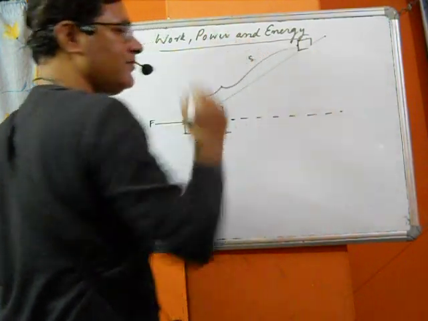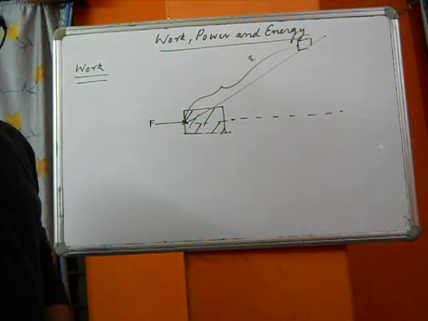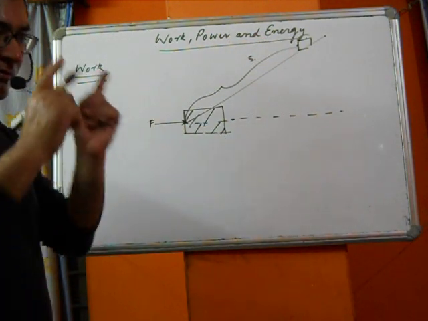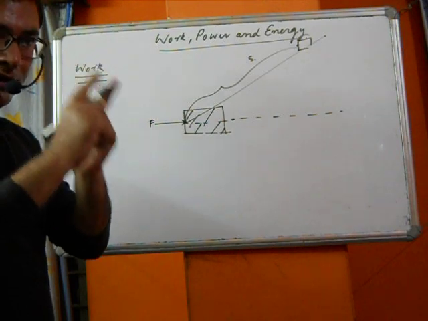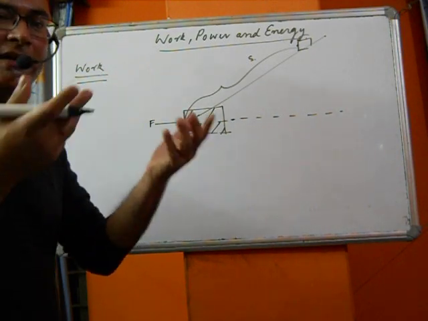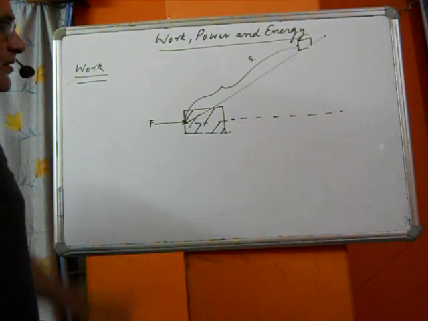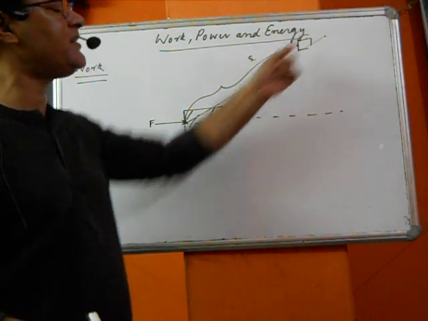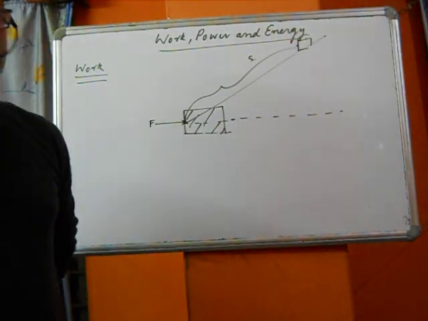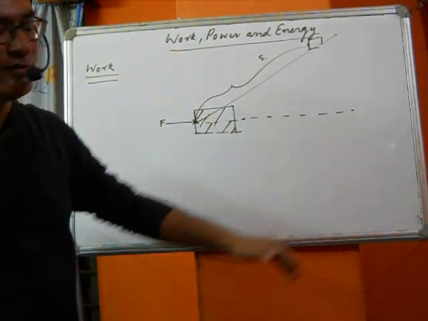I need to find the displacement towards the direction of force. Work done equals F into S. That means the force and the displacement have to be in the same direction. But here the displacement is in some other direction. Force is in this direction, displacement is in some other direction. That means I need to bring the displacement towards the direction of force.